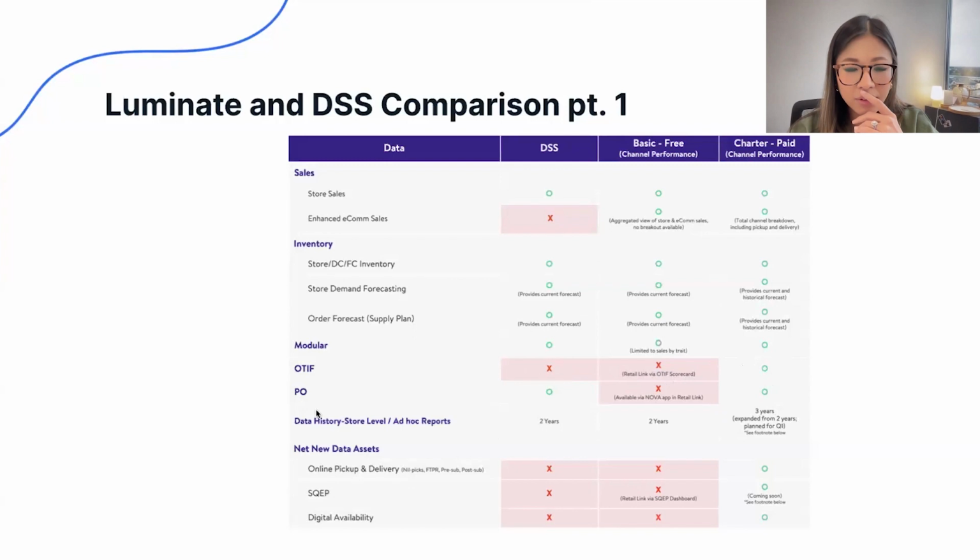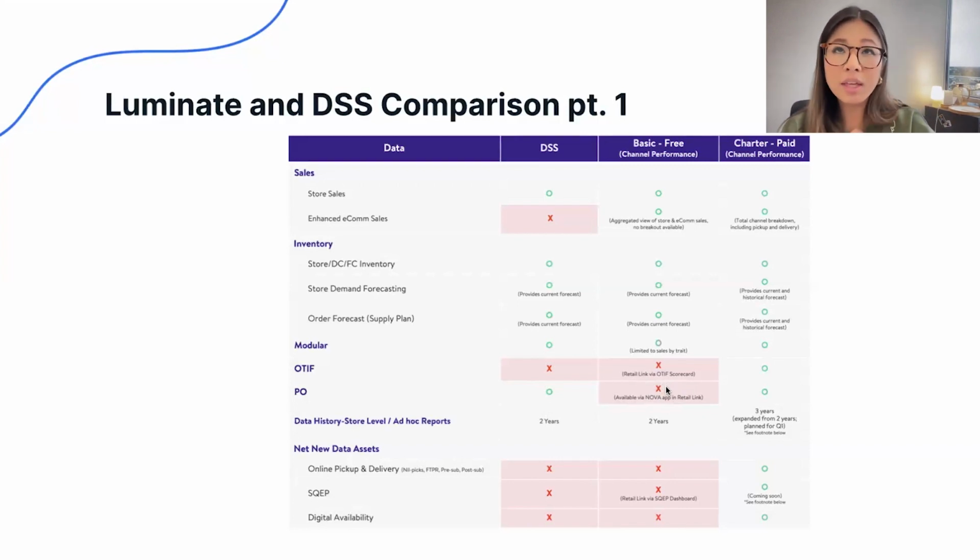This I thought was a little crazy: PO information. PO level information is obviously available in DSS today. They're taking that away in Luminate Basic and encouraging suppliers to utilize the Nova application. We have a lot of webinars around Nova, so won't spend too much time there. But if you're using it today, that is where they recommend you get your PO information moving forward.